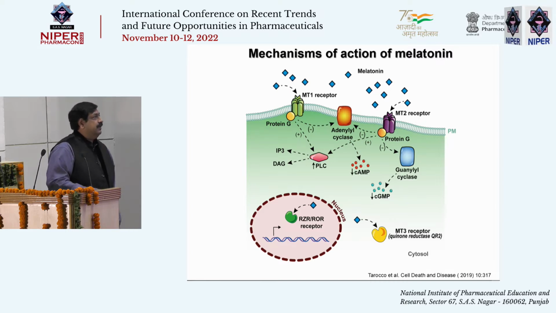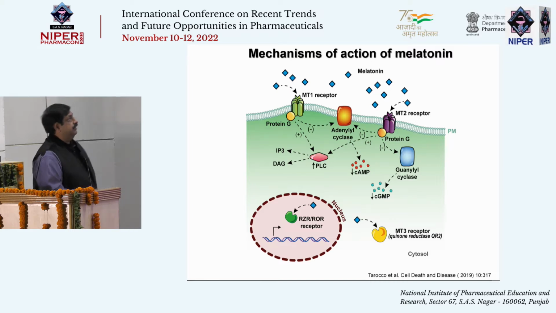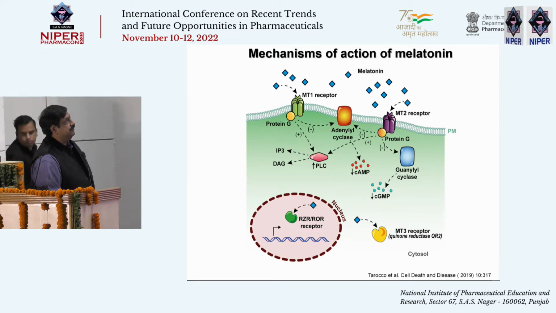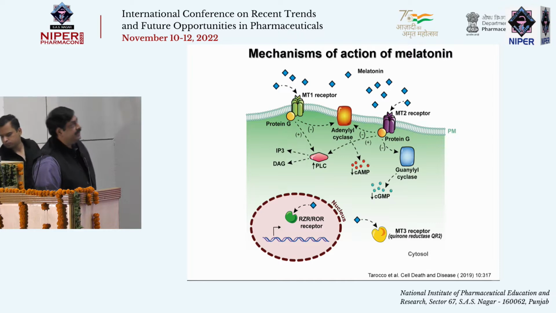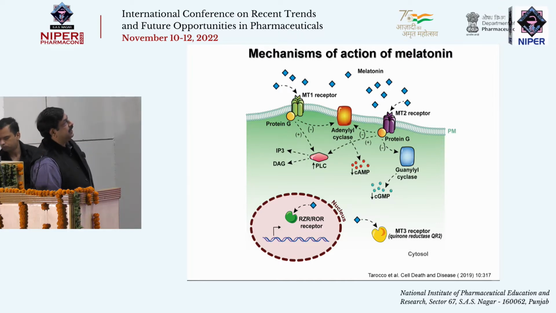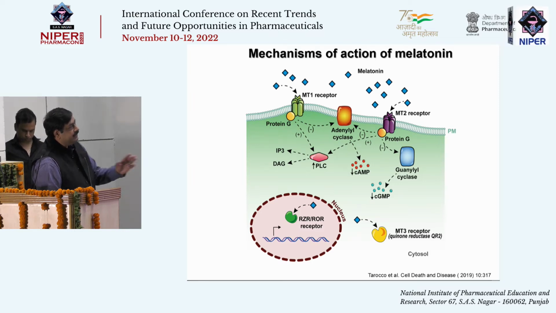Basically, the mechanism of action of melatonin is through the melatonin receptors, MT1 and MT2. They are G protein coupled receptors. When melatonin as a ligand binds to them, it causes the inhibition of adenylate cyclase as well as guanylate cyclase, reducing cyclic AMP and cyclic GMP.